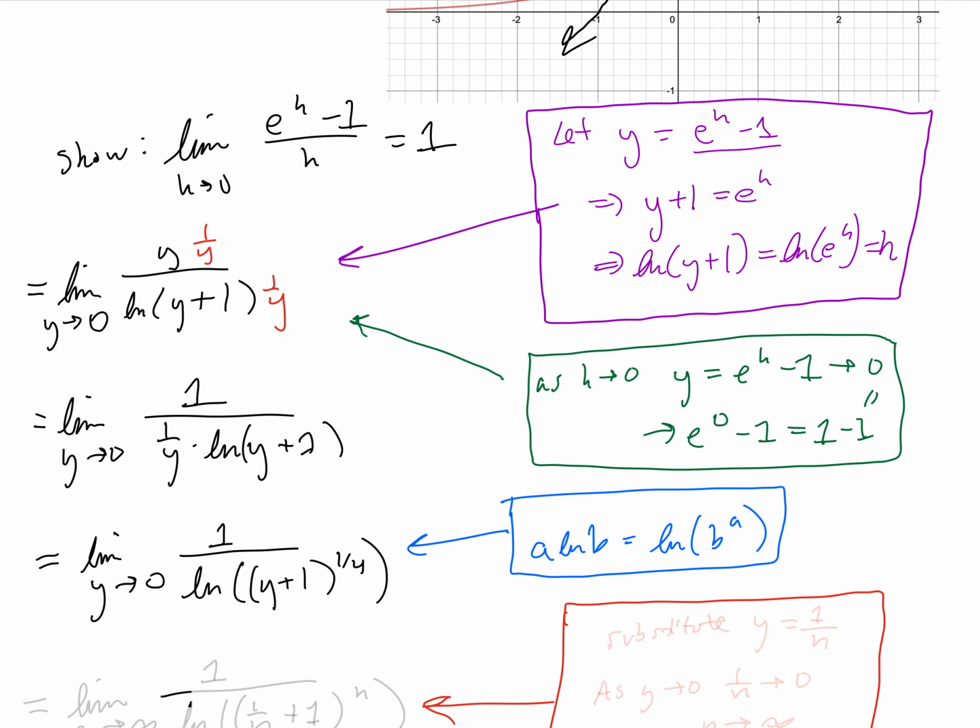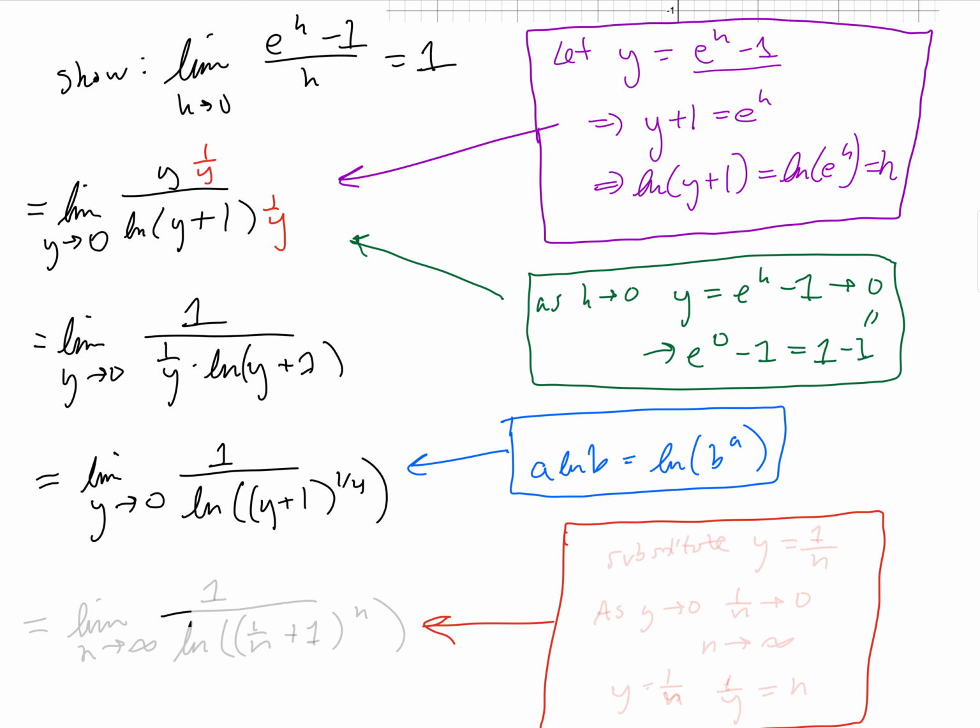Okay, so we're going to do one more trick here, and our last trick is to substitute y equals 1/n into this limit. So we'll observe a few things. As y goes to 0, that means 1/n goes to 0. As 1/n goes to 0, that means n is going to infinity, because it's something over a big number going to 0.